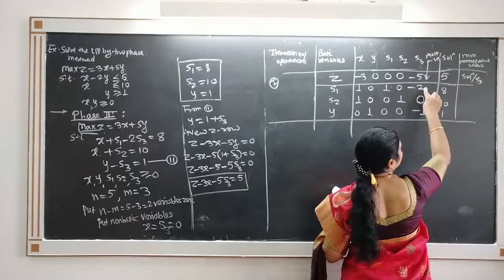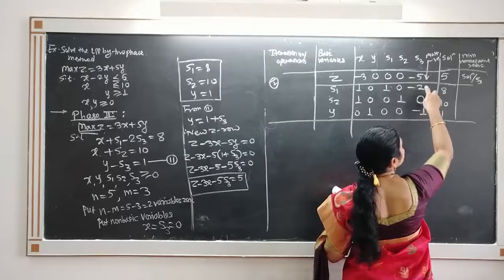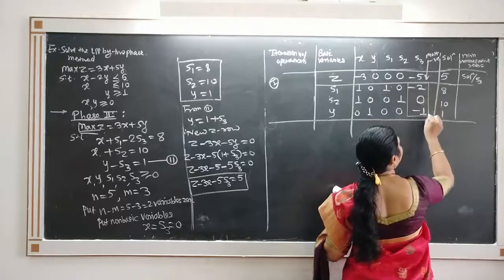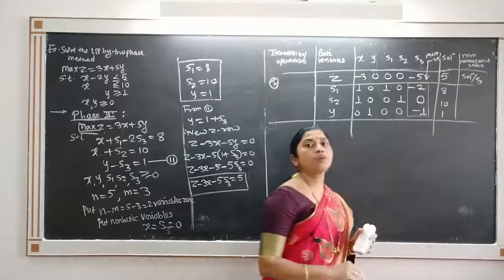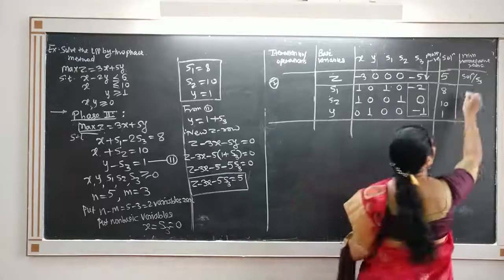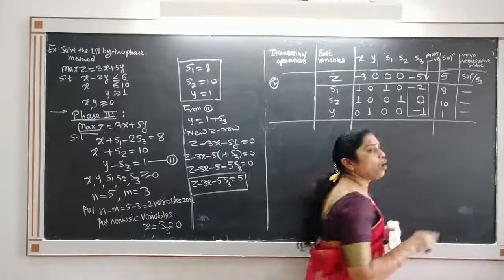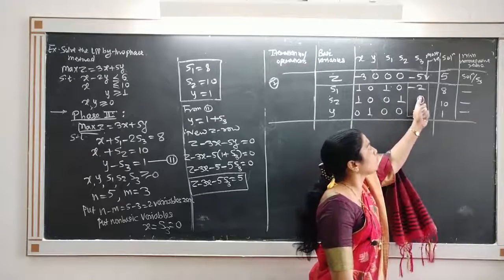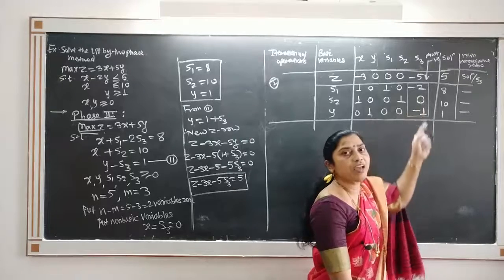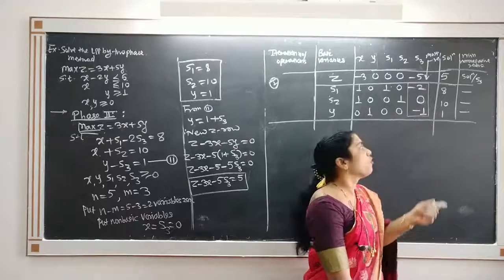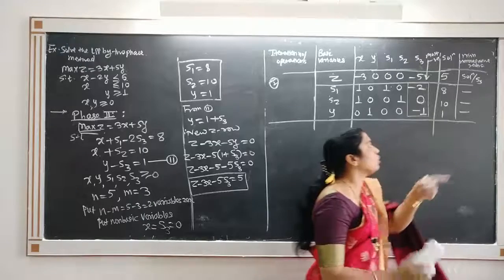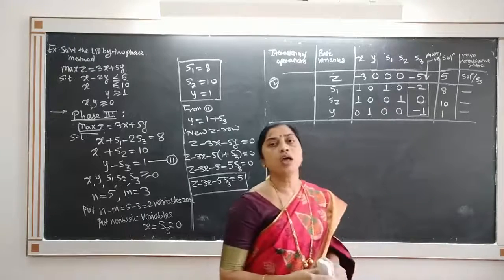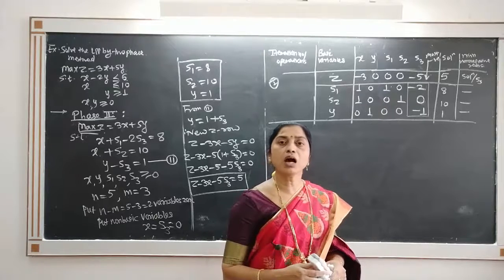But observe that the elements in this pivot column are all negative or 0. So we are not able to find the minimum non-negative ratio. Whenever the pivot column contains all entries which are either 0 or negative, we can't find the minimum non-negative ratio, and whenever the minimum non-negative ratio cannot be found, that LPP is always unbounded.